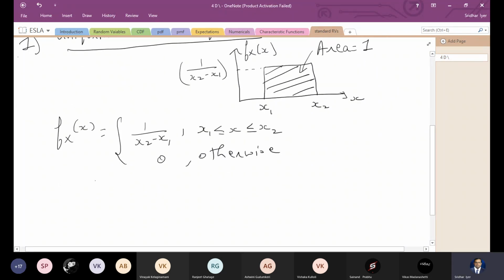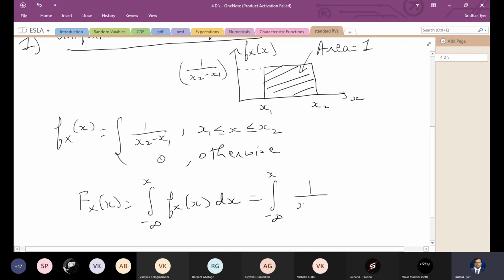Obviously from this given PDF, we can find the CDF fx of x, which will be an integral from minus infinity to some value x of fx of x dx. Just to calculate this very quickly, you'll have the integral from minus infinity to some value x of 1 by x2 minus x1 dx.